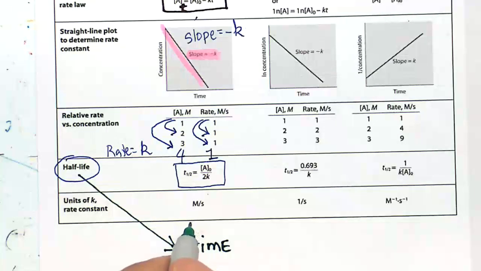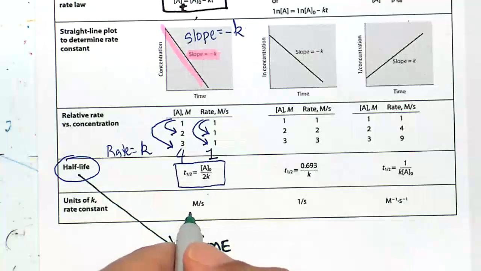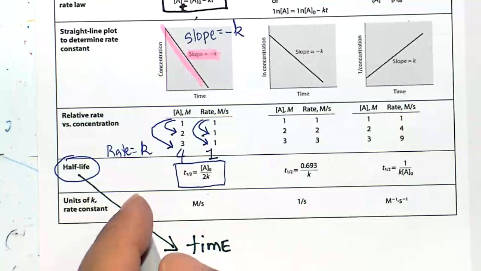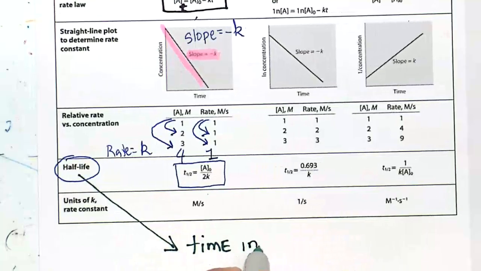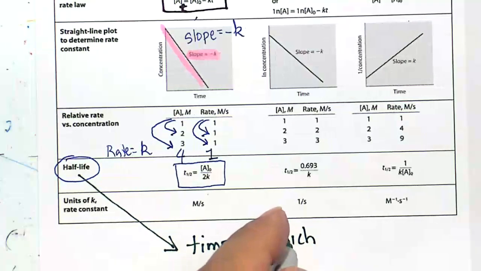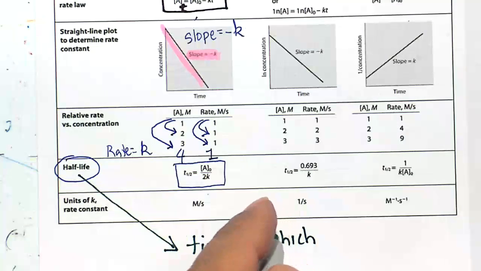I think certain drugs that we take in our body have half-lives of minutes, or maybe hours, or maybe days. It depends on the drug. But it's a time: seconds, minutes, hours, days, years. If it's something like uranium, it could be centuries. But it's a time in which 50% of the substance is gone, decays.